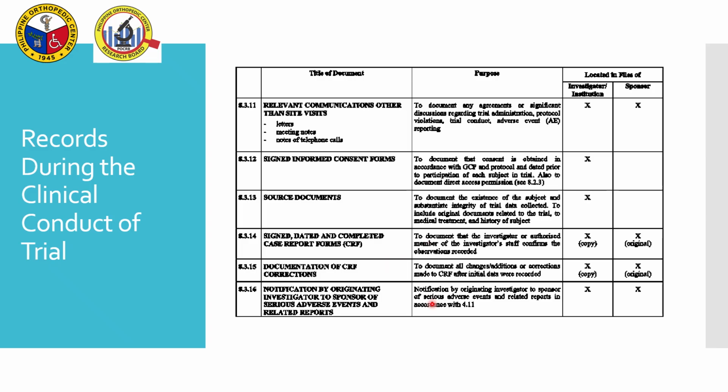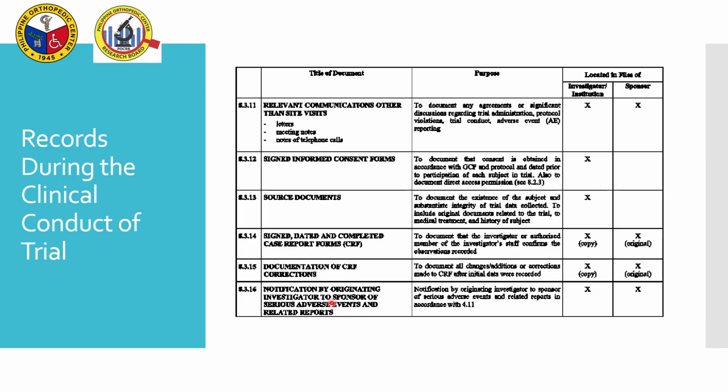The purpose of this is to provide a clear audit trail of all changes, additions, or corrections made to the CRF after the initial data was recorded. The filing here is like the CRFs themselves: the investigator keeps a copy and the sponsor receives the original.